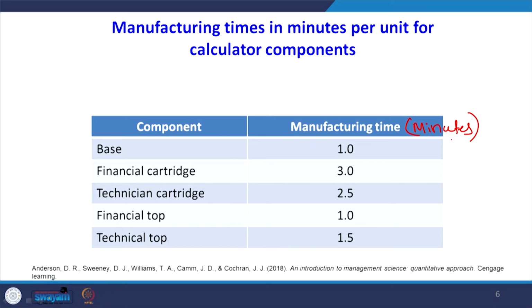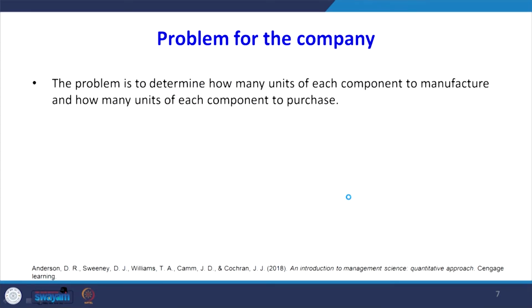This is the time taken for manufacturing each component. Now, the problem is to determine how many units of each component to manufacture and how many units of each component to purchase, that is, make or buy.